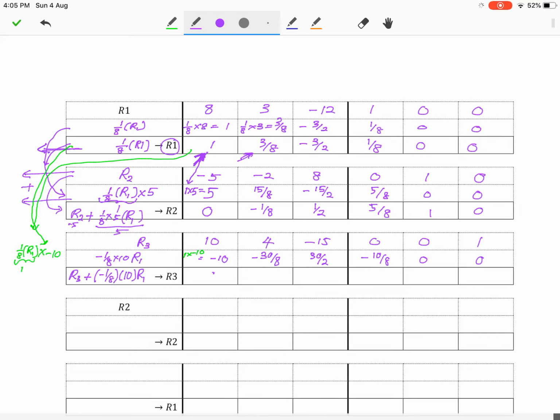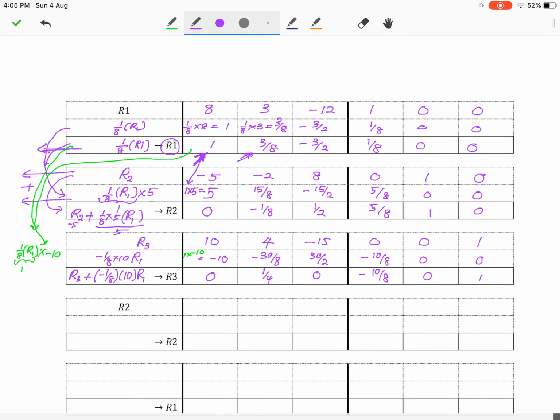So now we add them together, you get 0. Then 4 plus negative 30 over 8, you get 1 over 4. Then 15 plus 30 over 2 will give you 0. And this one negative 10 over 8, 0 and 1.